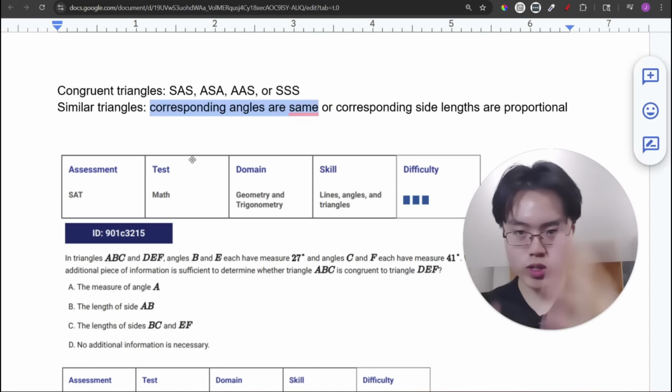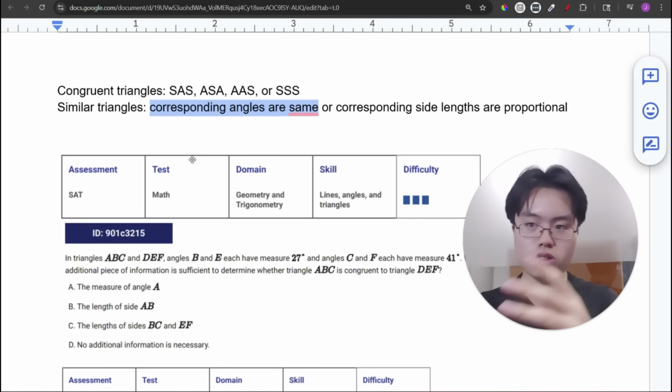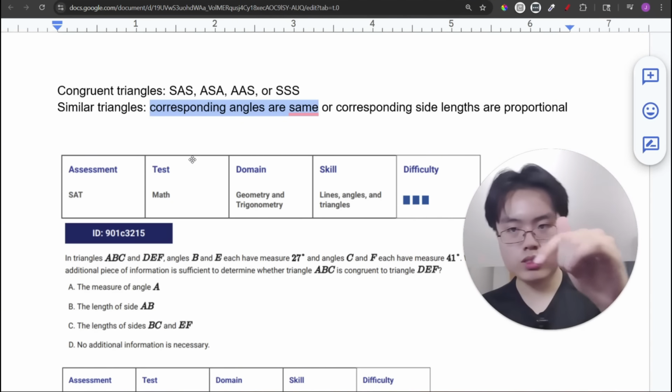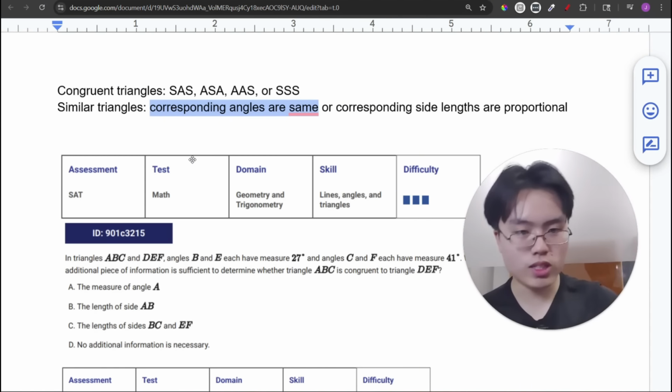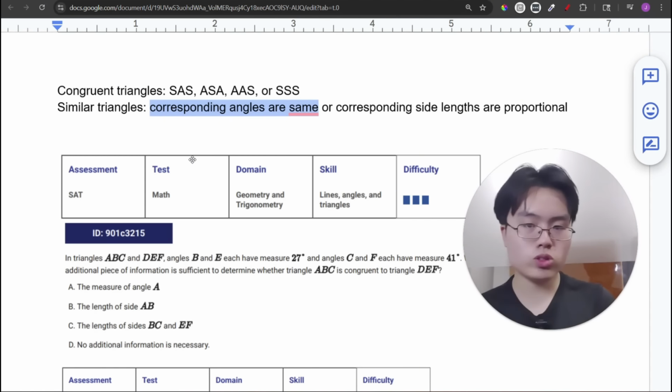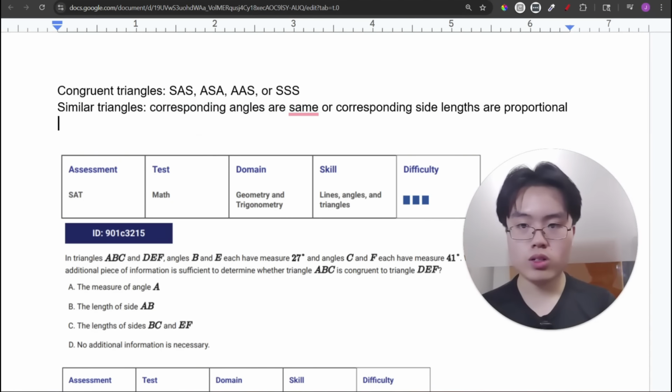So basically, if you have a triangle, and another triangle, and let's say one triangle's angles are 30, 60, and 90, and the other triangle also has 30, 60, and 90, then we know those triangles are similar because all the angles are the same. And actually, you just need two angles to be the same.